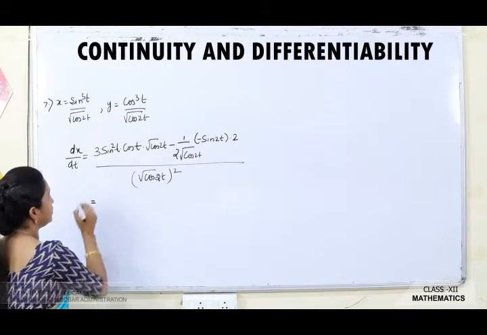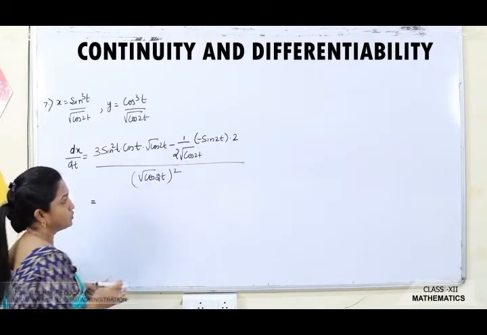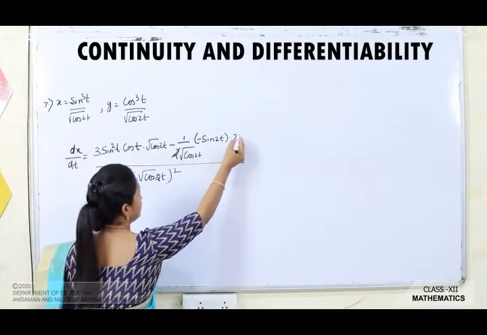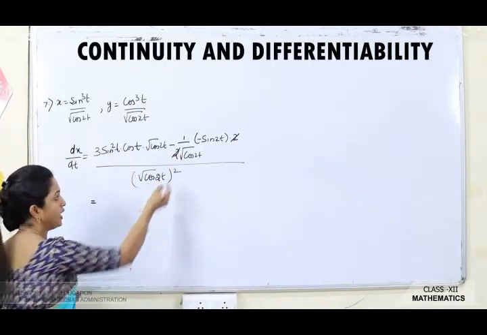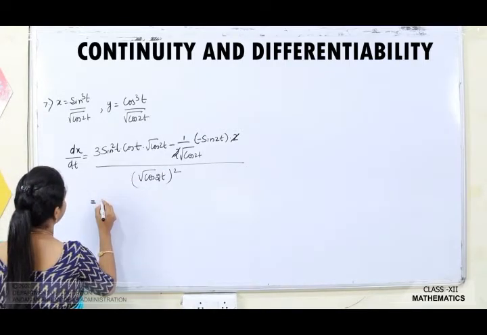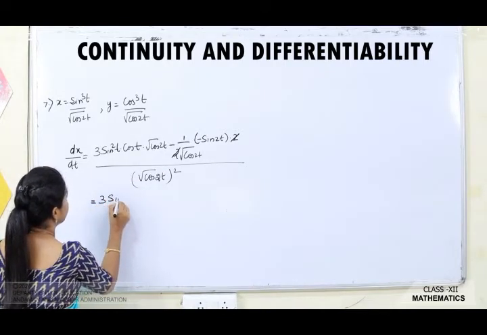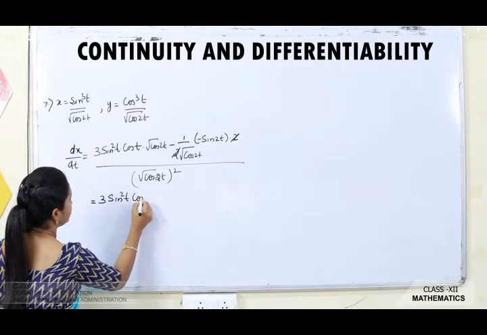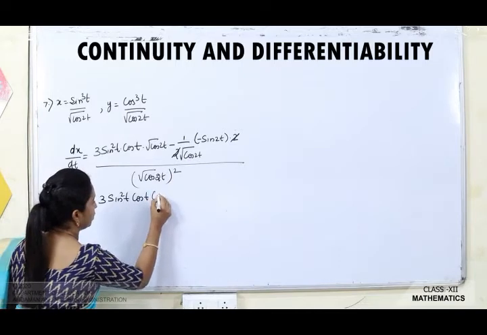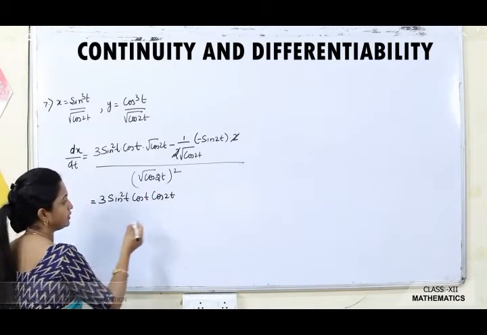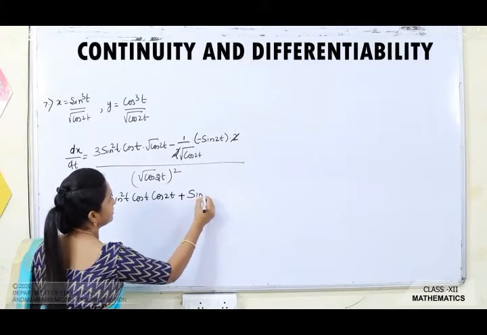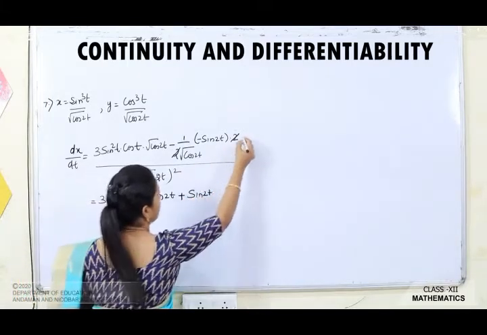So here you can see what you will do now. You will simplify, you will just cross multiply. You will observe that this 2 gets cancelled out and you have to just cross multiply. So when you cross multiply, you will see here it's 3 sin square t cos t, root cos 2t and root cos 2t, you are going to get only cos 2t, correct. Minus minus plus sin 2t, I missed one part here.